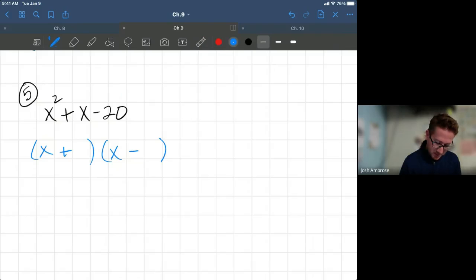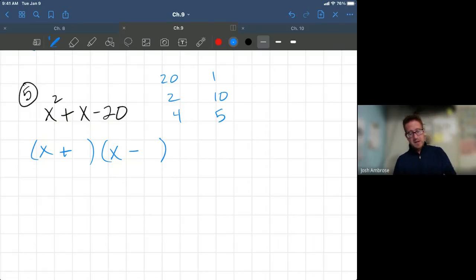Okay, so factors of 20: 20 and 1, 2 and 10, 4 and 5. Now we're using subtraction. You have to know that. Opposite signs use subtraction. So which of these, when I subtract, will create 1? Right there, 4 and 5.